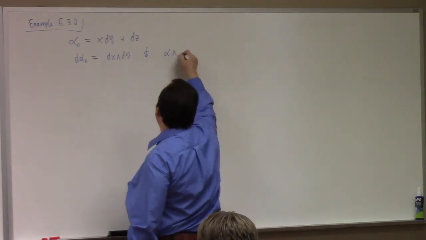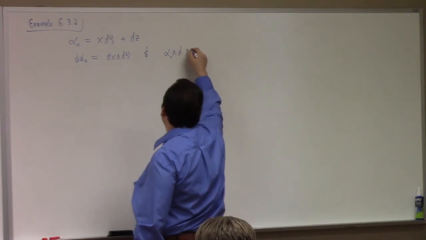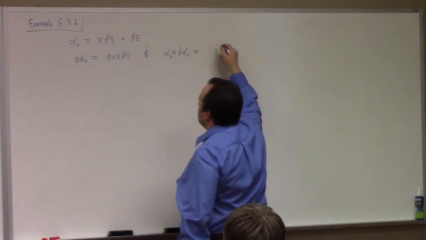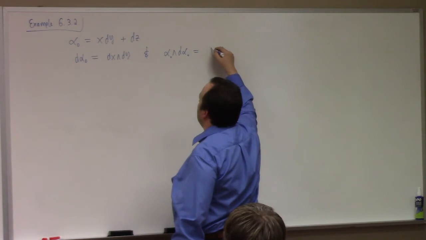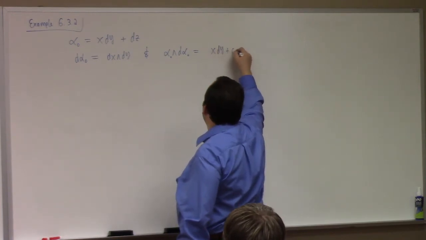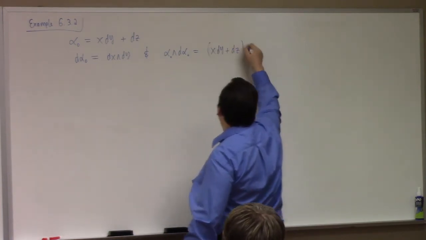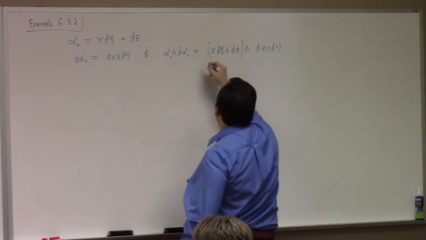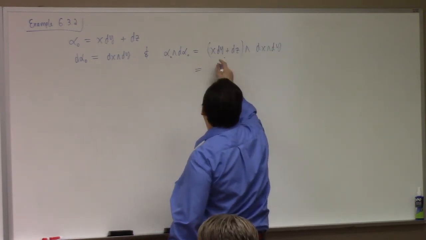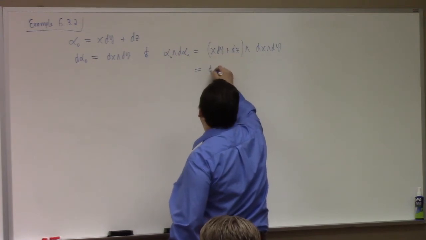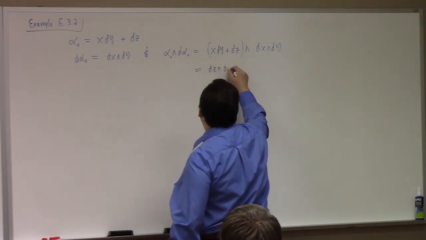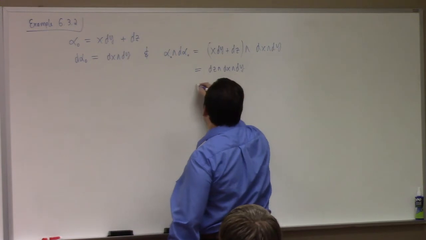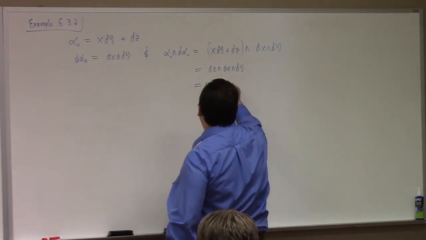But anyway, what is alpha naught wedge d alpha naught? It is x dy plus dz wedge with dx wedge dy, which is just dz wedge dx wedge dy, which you can rewrite as dx wedge dy wedge dz.